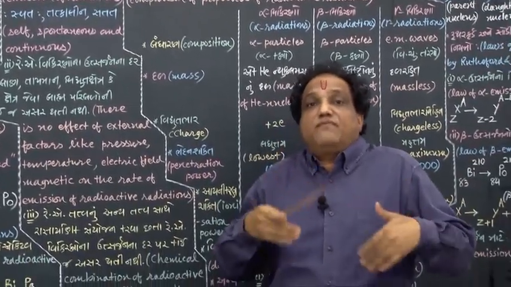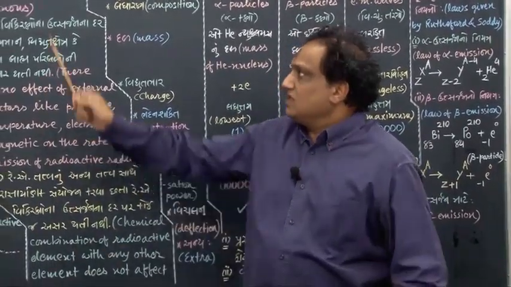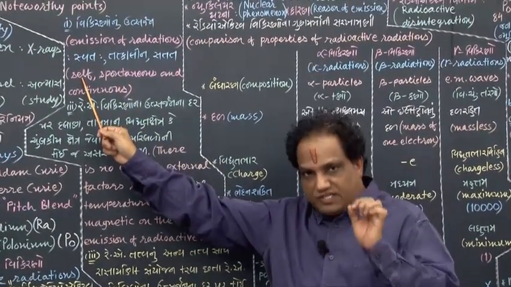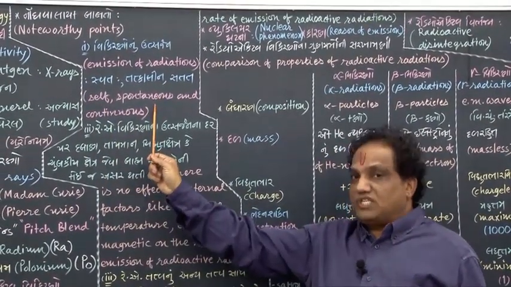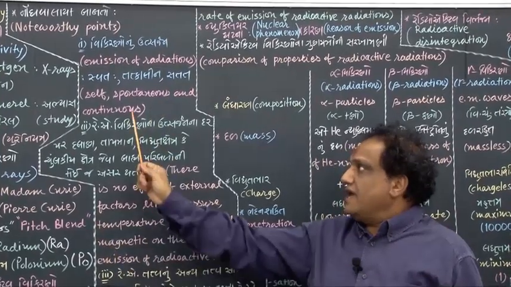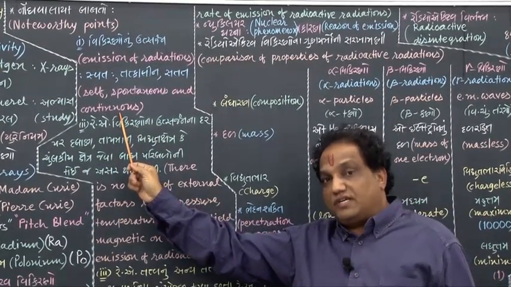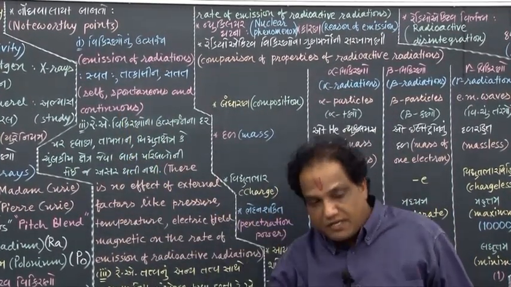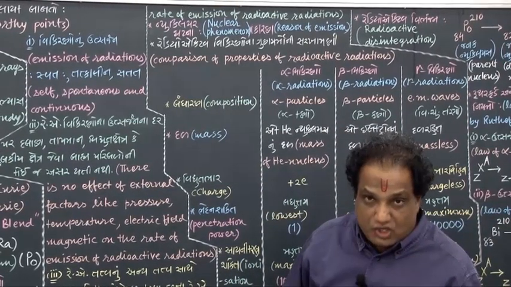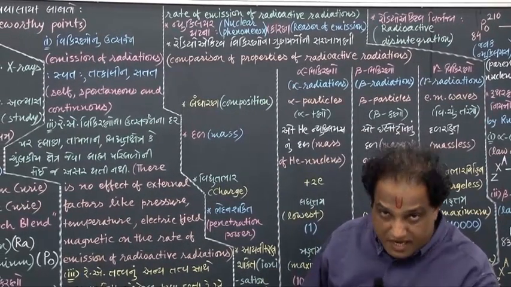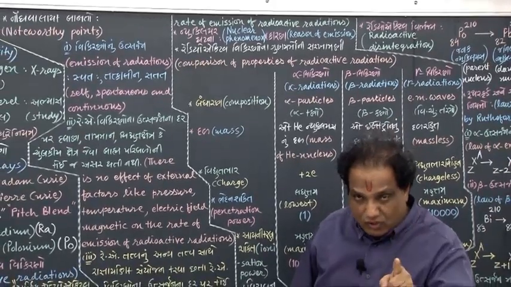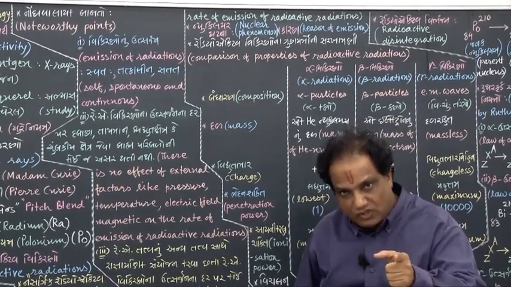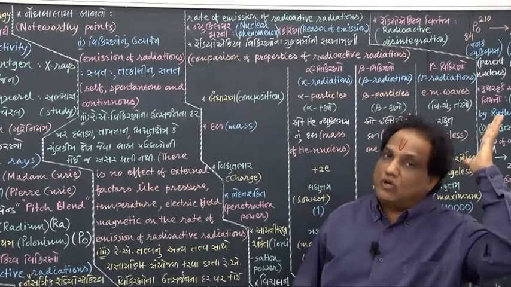It is a self process, taking place on oneself. It is a process which is spontaneous, and the emission of radiation takes place continuously. So the process of emission of radioactive radiations is self, spontaneous, and continuous.